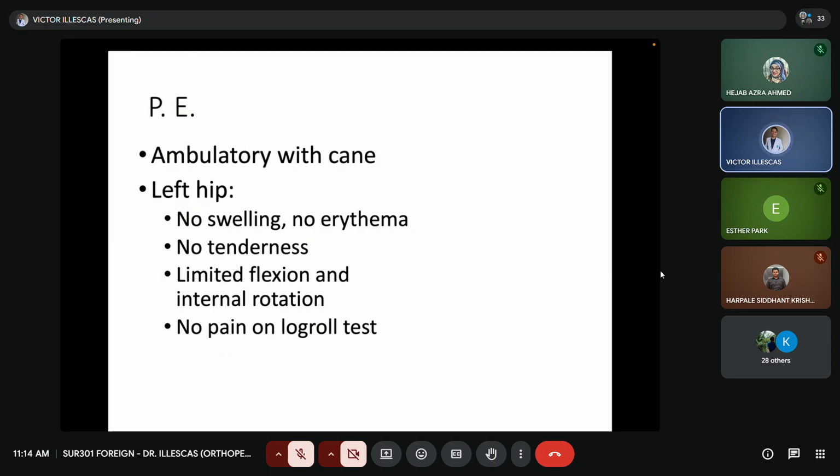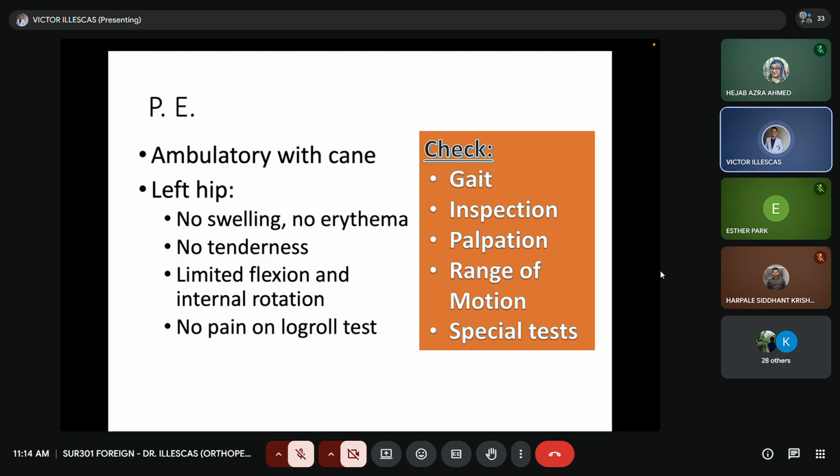And on physical examination, there's no swelling or erythema, no tenderness, but there's limited range of motion on the area. So in this case, we want to see the patient's gait. We want to inspect the area, palpate the area if there's possibility of infection or any other conditions. Check the range of motion, how much limitation there is, as well as do special tests to diagnose the case.